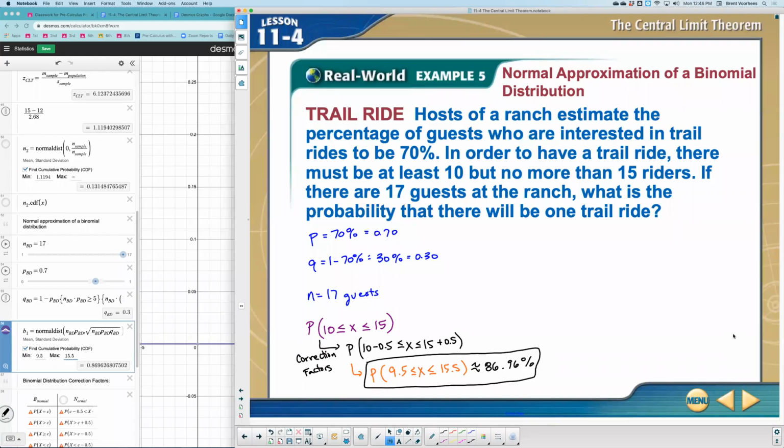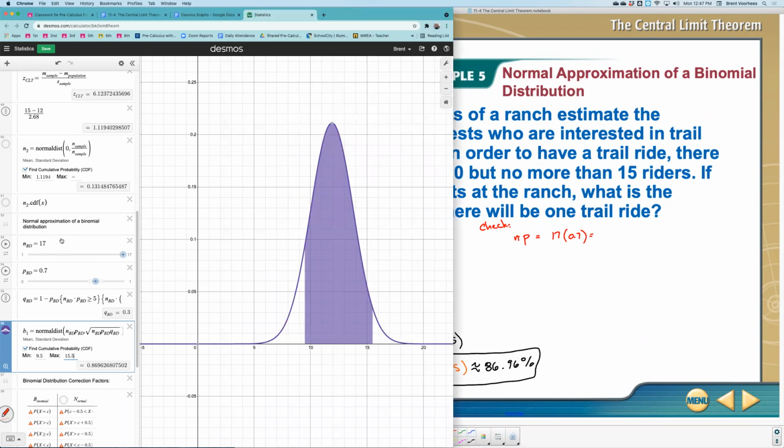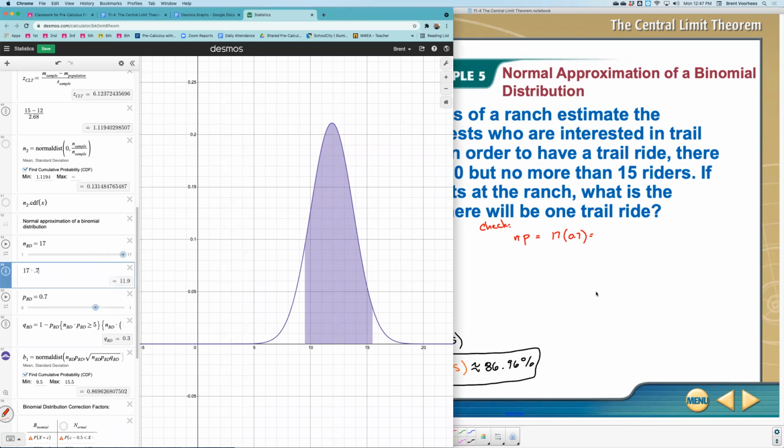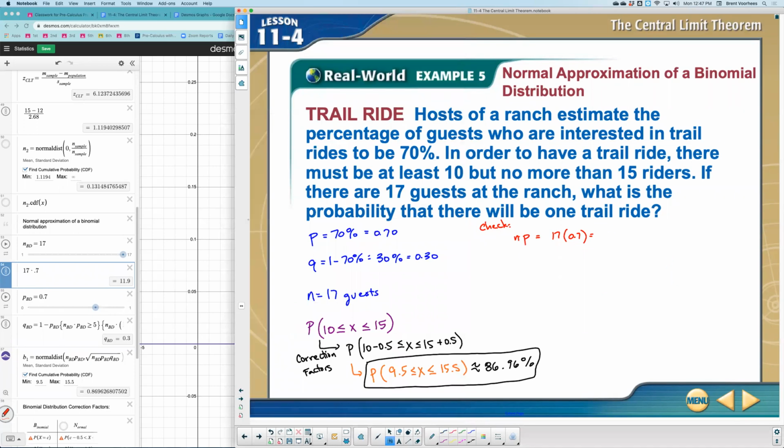Now you might be saying to yourself, oh, Mr. Voorhees, this time you didn't do all that other math. Well, you don't have to using the calculator, but if you wanted to, remember the first thing you do is check if n times p, which in this case was 17 times 0.7, is greater than 5. 17 times 0.7 is 11.9, so that was good, that's greater than 5.